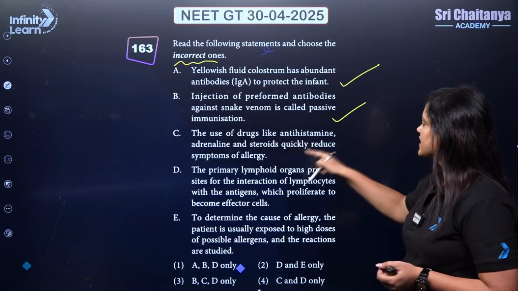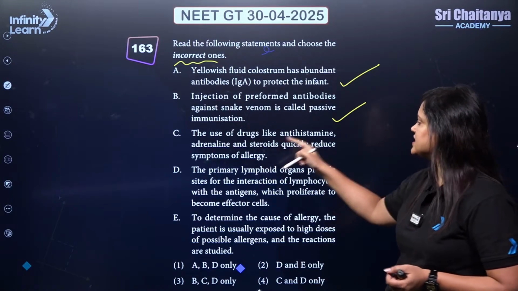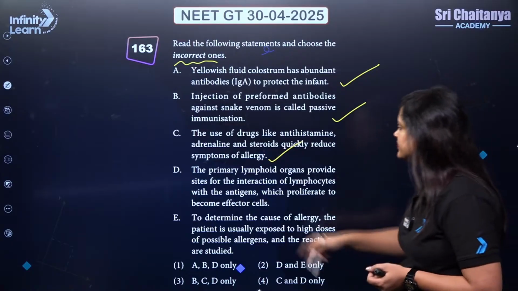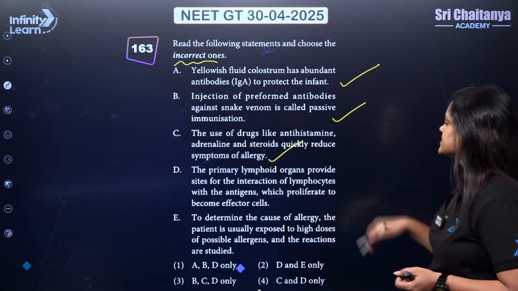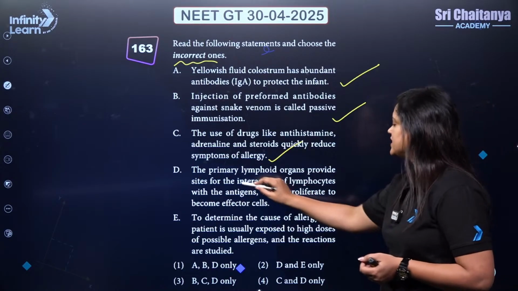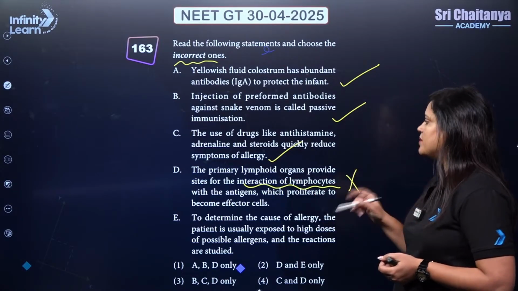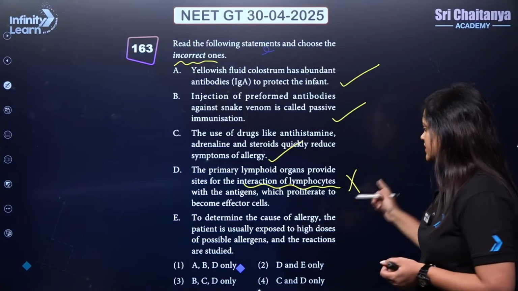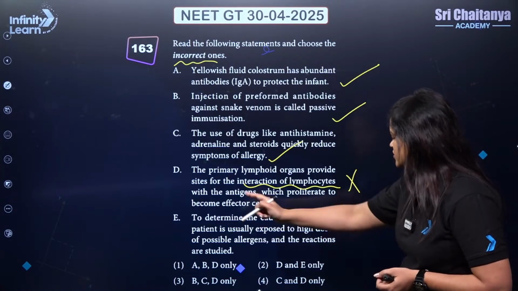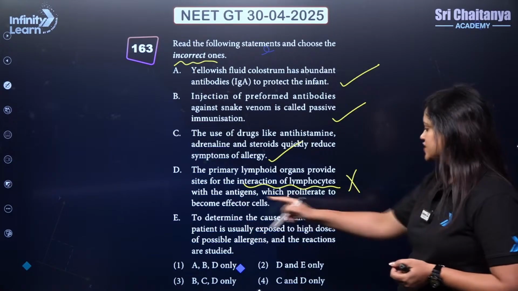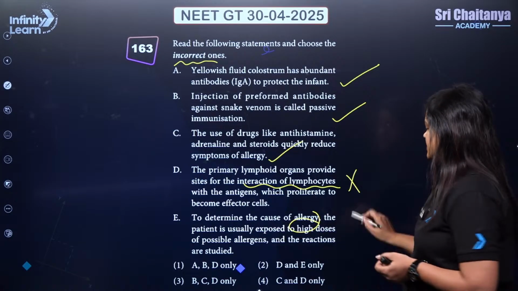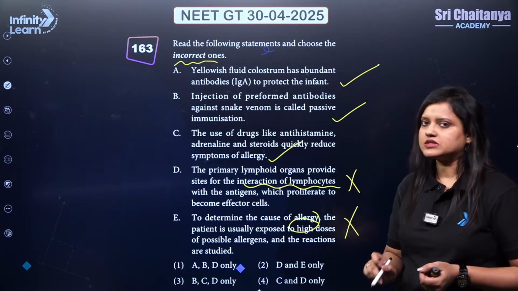The use of drugs like antihistamine, adrenaline and steroid quickly reduce the symptom of allergy. Absolutely. The primary lymphoid organs provide site for the interaction of lymphocyte. No. Primary lymphoid organs help in the maturation and production of lymphocytes. To determine the cause of allergy, the patient is usually exposed to high dose of possible allergen, no, low doses.